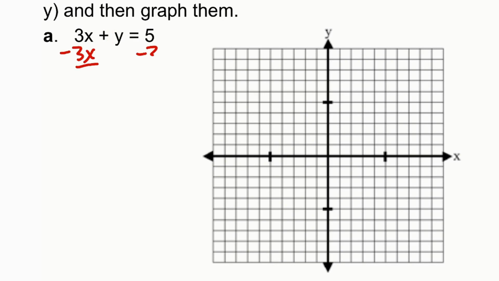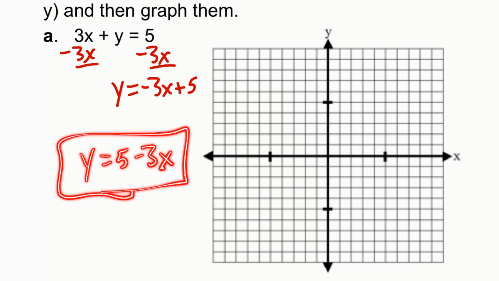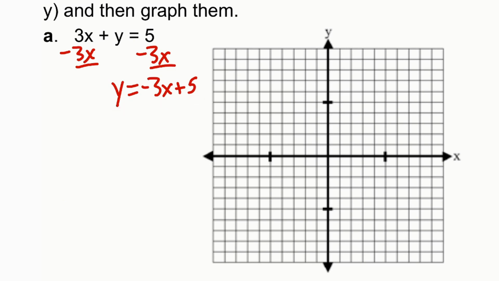We just subtract 3x, and we get y equals negative 3x plus 5. Now, we could have written y equals 5 minus 3x, but that's not in y equals mx plus b form, so we want to write it like this.